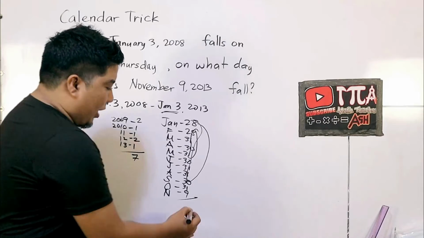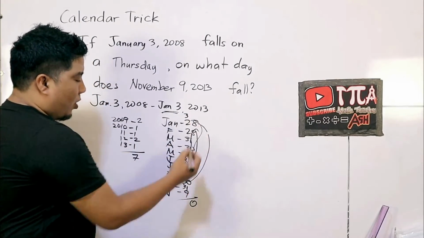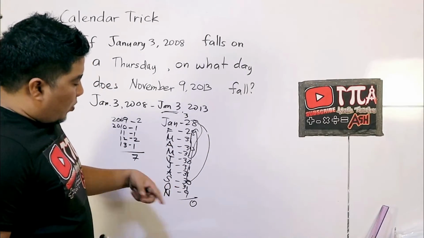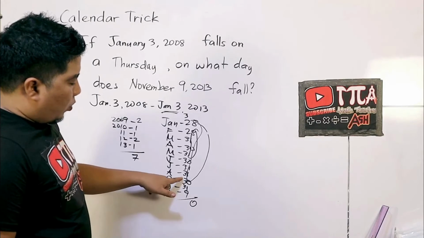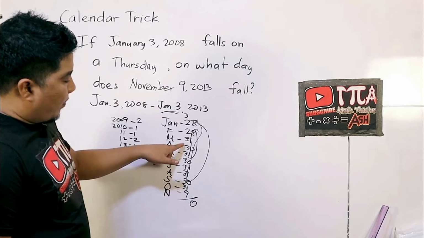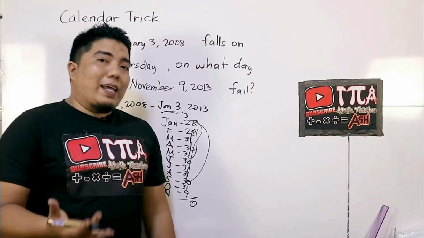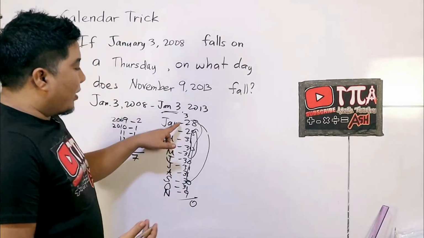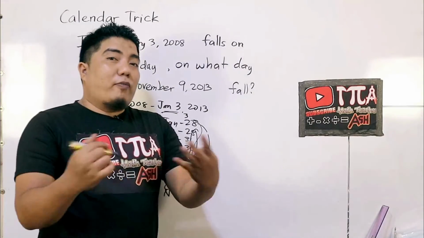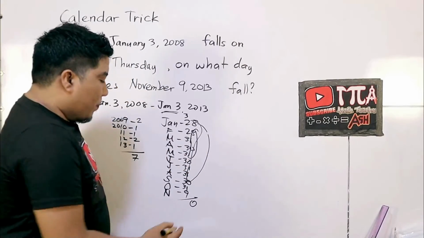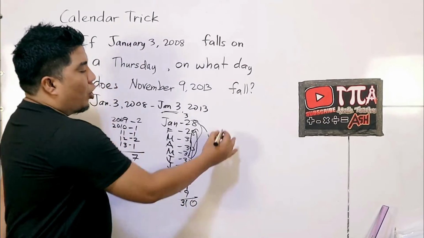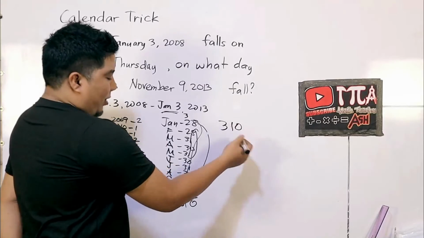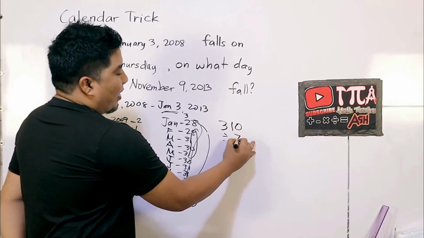So, that is 30. Okay. So, we have here 1. So, let's count all the 3s. 1, 2, 3, 4, 5, 6, 7, 8, 9. So, 9 times 3, that is 27. 27 plus 2 more 2s, or 4. 27 plus 4, that is 31. So, what we'll do is 310 divided by 7.